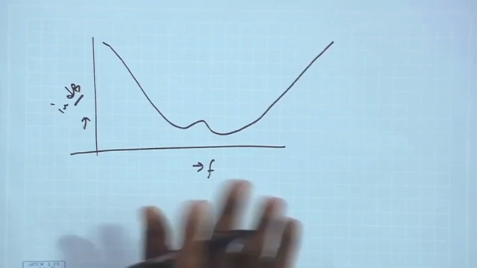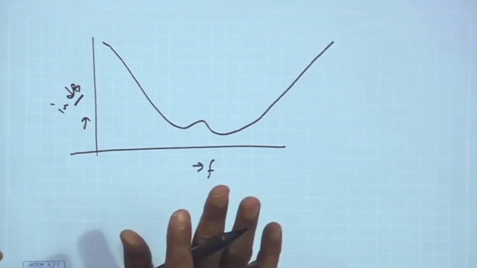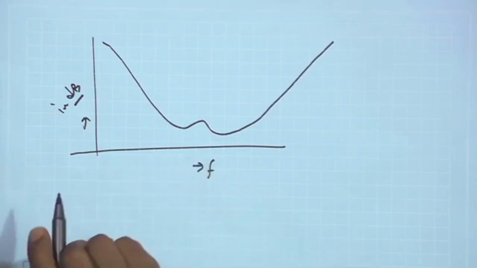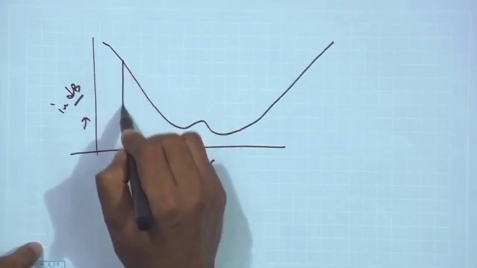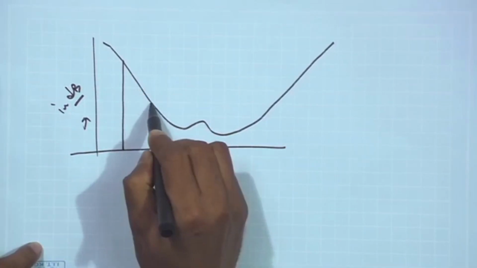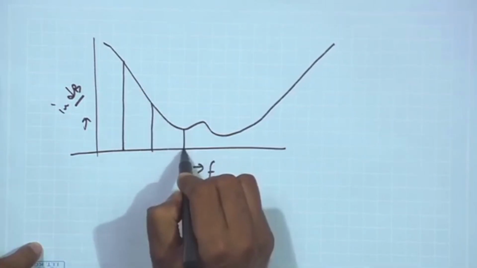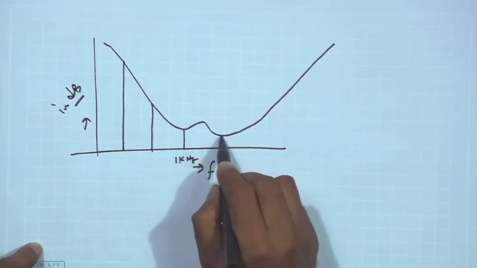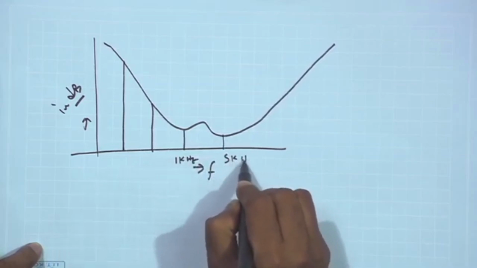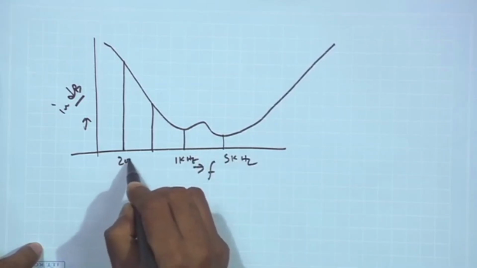Reference is 10 to the power minus 12 watt, 0 dB. Now, if you see for this frequency and for this frequency, this is for 1 kilohertz, this is 5 kilohertz, this is 200 hertz.